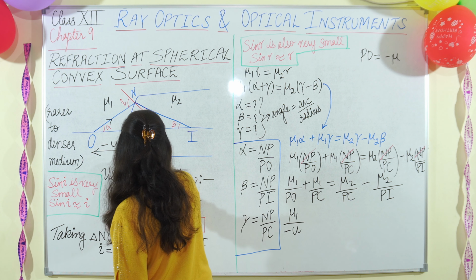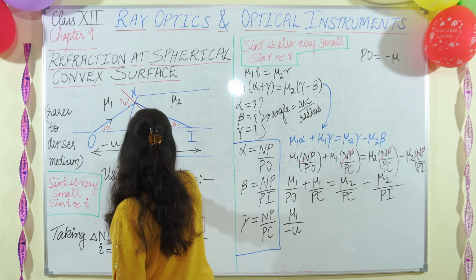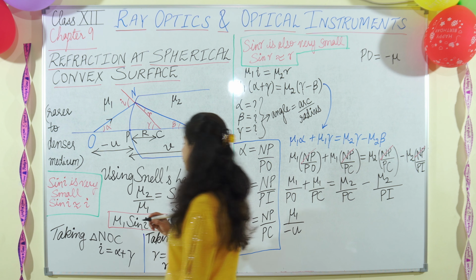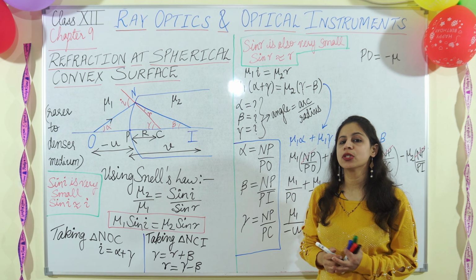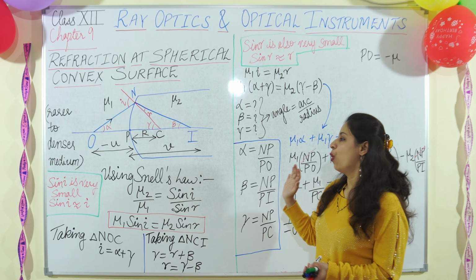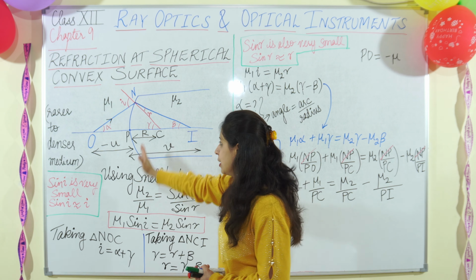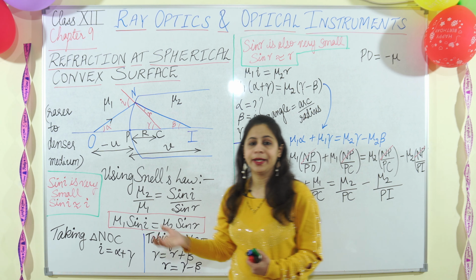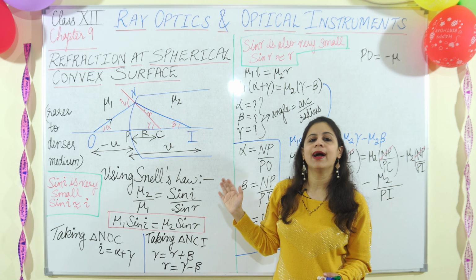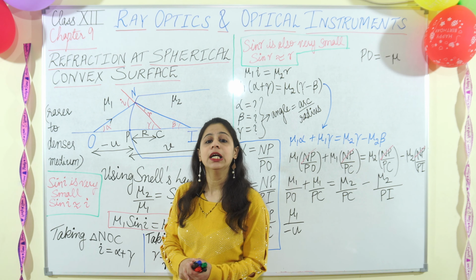Then PI will be equal to V. It is also positive because it is on the right hand side. So all the values lying on the right hand side of the refracting surface are taken as positive, and all the values lying on the left hand side of the refracting surface are taken as negative.